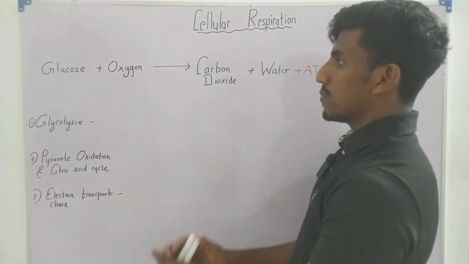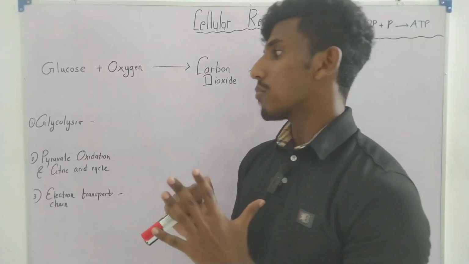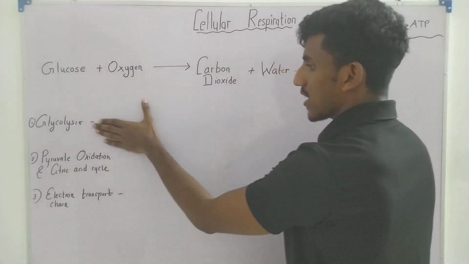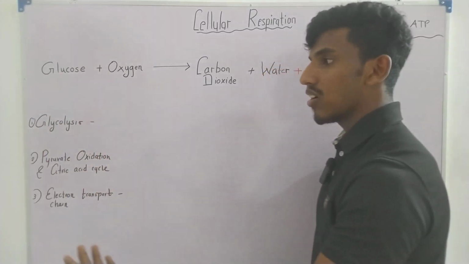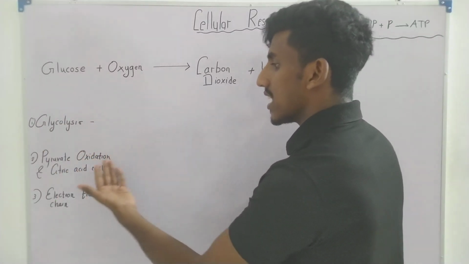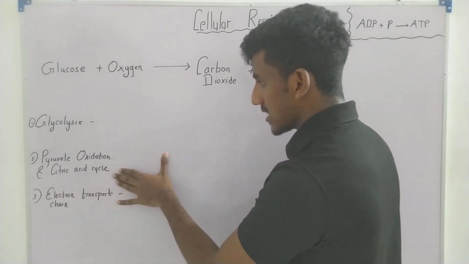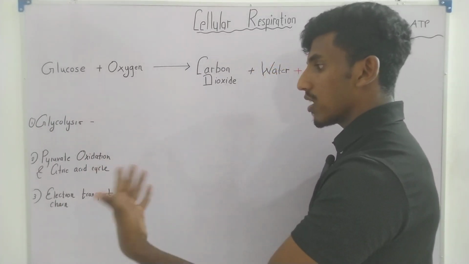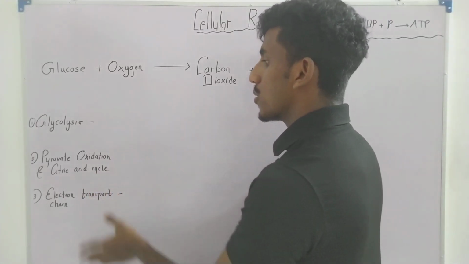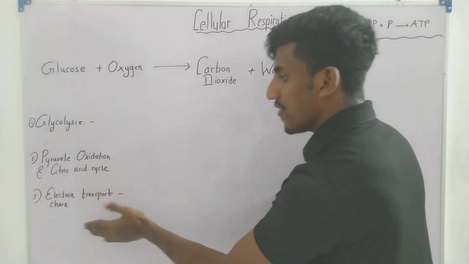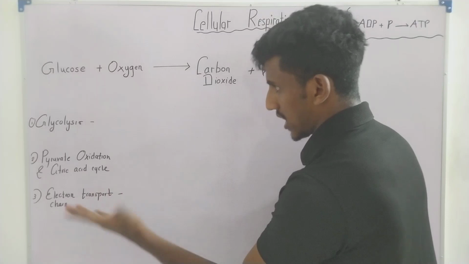During cellular respiration, we have three main processes. First we have glycolysis, in which glucose is broken down into 3 carbon molecules. Then we have pyruvate oxidation and the citric acid cycle, where the 3 carbon molecule is further broken down, further undergoes oxidation to produce more energy. And finally we have the electron transport chain.